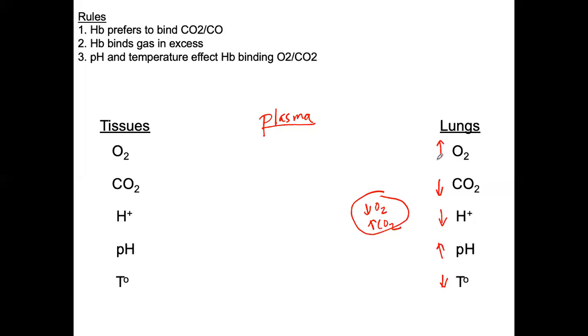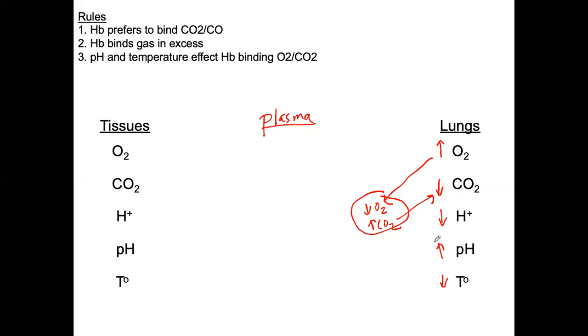So let's look at oxygen first. Oxygen is going to go from the lungs into the red blood cell. It's going to diffuse from the lung tissue into the red blood cell, because of diffusion, right? High oxygen at the lungs, low at the red blood cell. And CO2 is going to get kicked off. It's going to go from the red blood cell into the lungs.